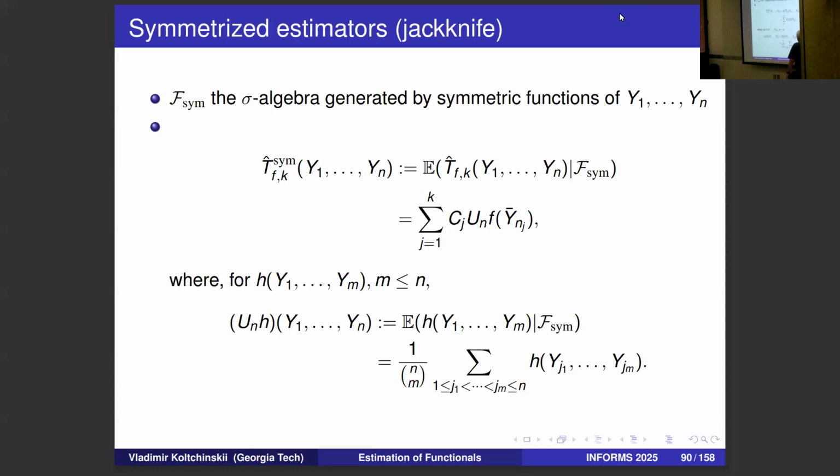So it's like you are looking at U statistics where m is comparable with n, say m is 1/2 of n. In this case, you will have lots of subsamples over which you have to average. So it will be computationally much worse.